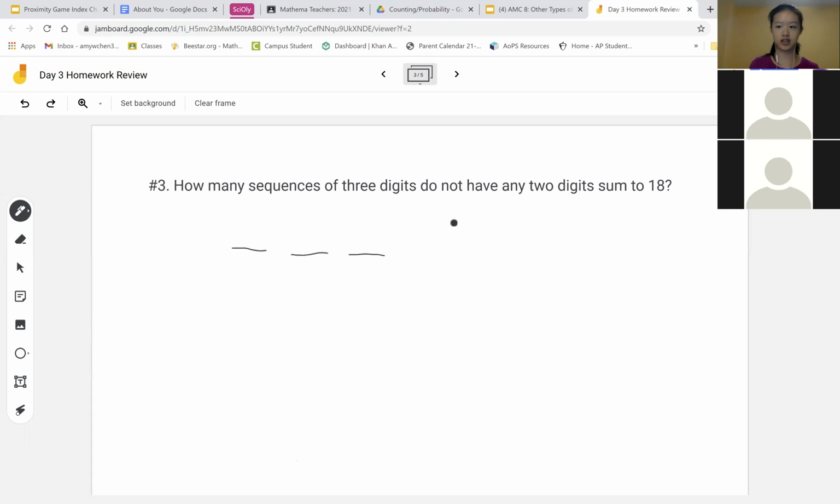So does anyone have an idea on how to do this? Or maybe what strategy you could use? No ideas?